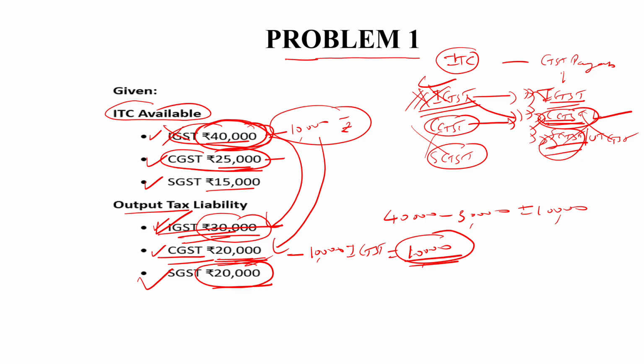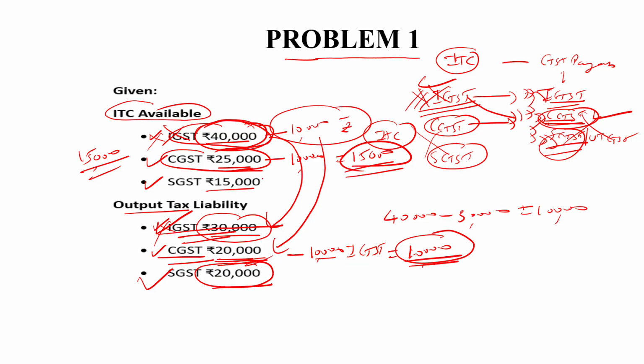So 25,000 minus 10,000, how much is remaining? 15,000. This 15,000 is called input tax, which is available with the businessman, and the businessman can use this 15,000 in future. It cannot be utilized now because IGST is also over.